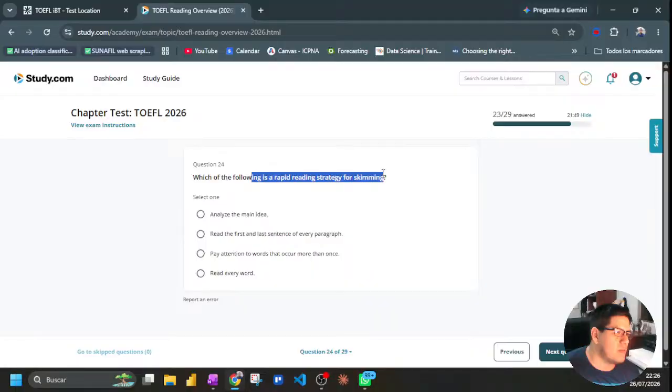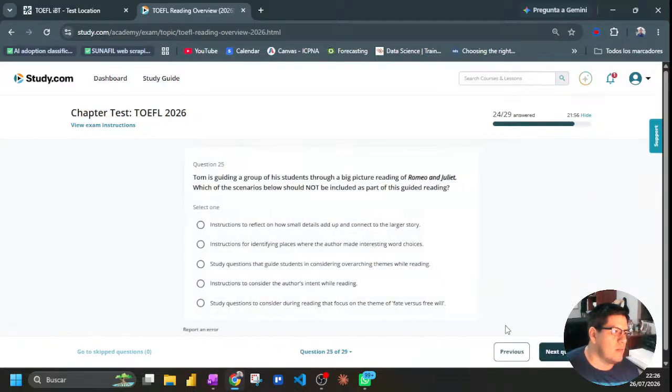Rapid reason for skimming. Tom is guiding a group of his students through a big picture reading. Study questions to consider during reading, the focus is to consider also intent while reading.